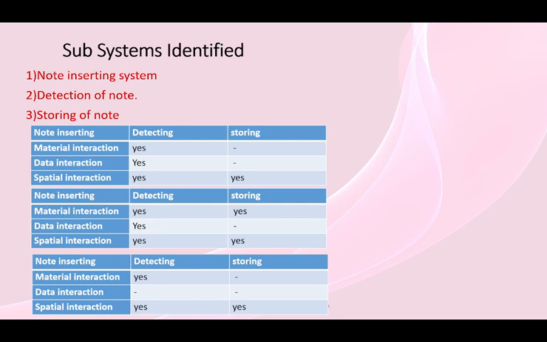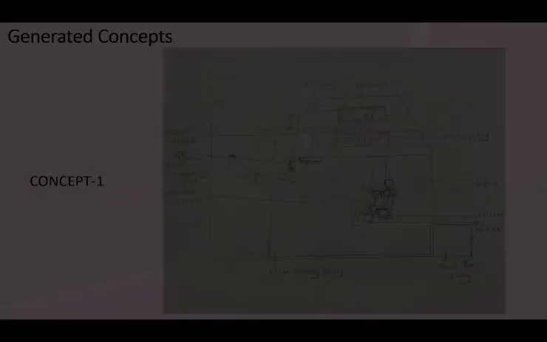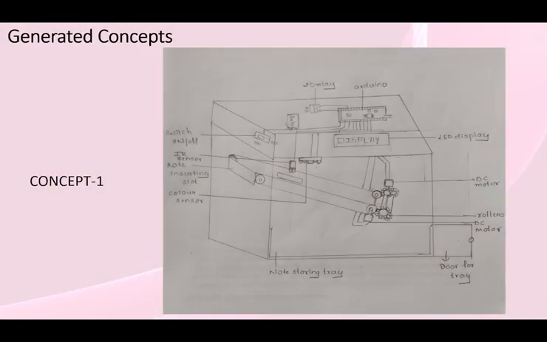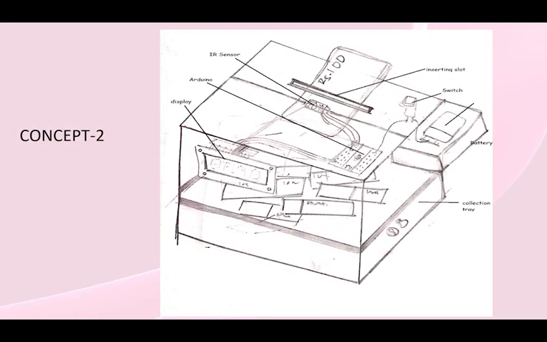After all these primary things and solving the problem, we got some ideas on how our machine should look, and we generated three drawings, or you can say blueprints, of our note counting piggy bank machine, which you can see in the PPT.